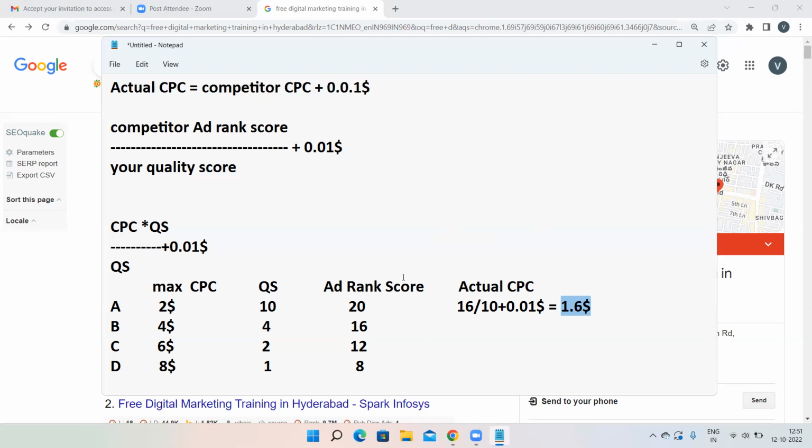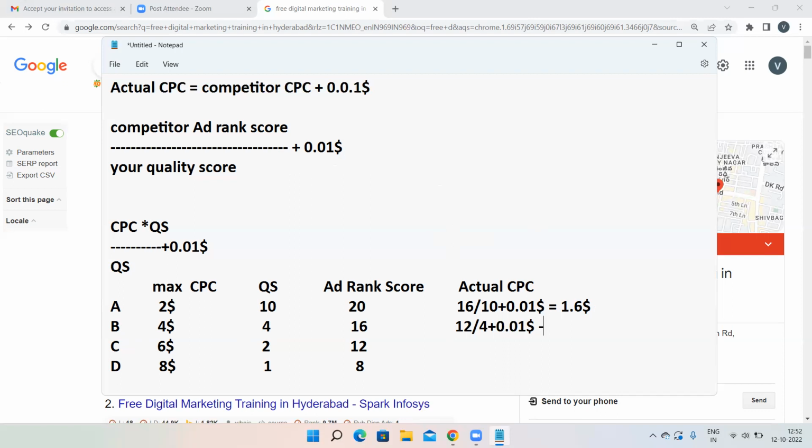So, competitor's ad rank score divided by your quality score plus $0.01. Now for B, for Asanji, who is the competitor? C is the competitor, that is Lakshmi. How will you calculate the actual CPC for Asanji? 12 divided by 4, plus $0.01.